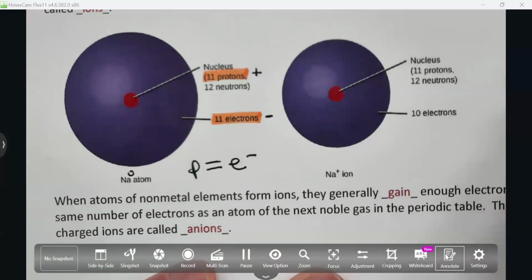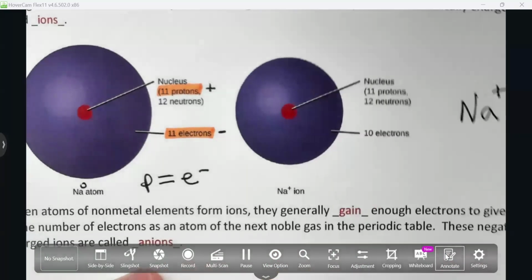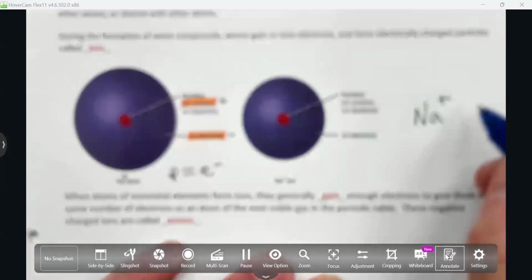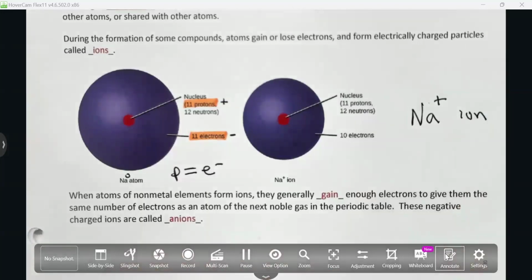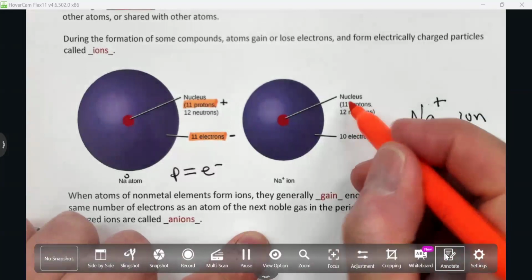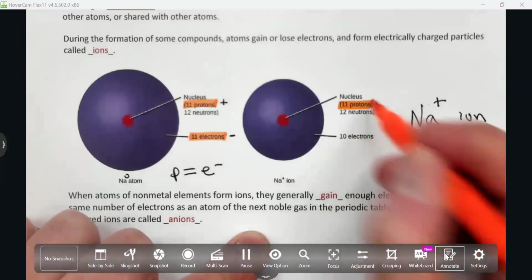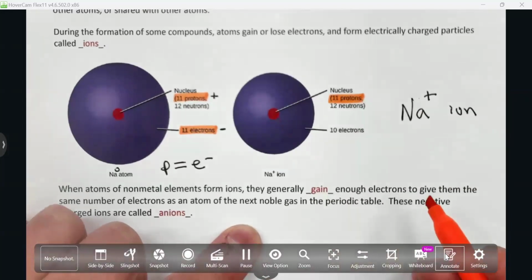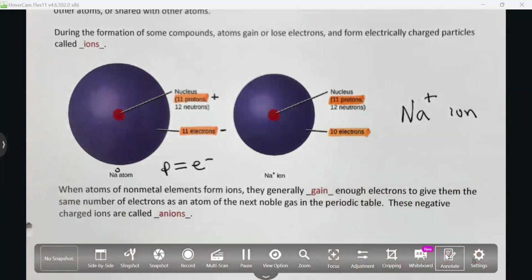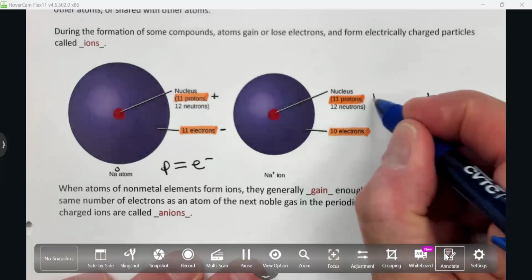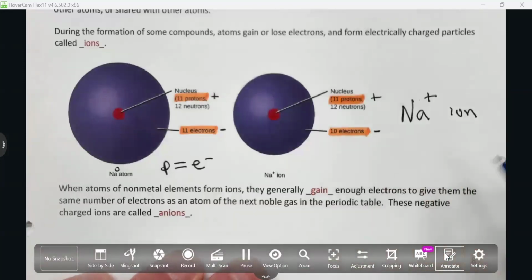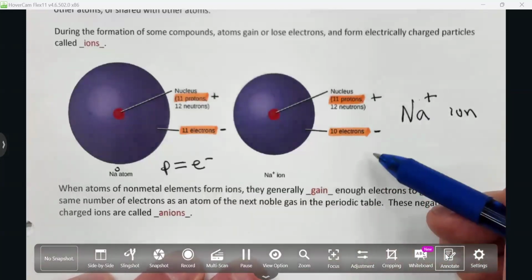Sodium ion. We still have 11 protons. But now we only have 10 electrons, right? 10 electrons. Where did that electron go?